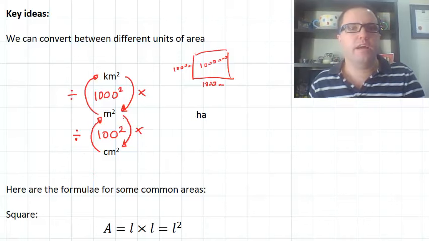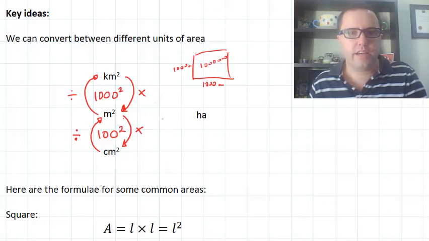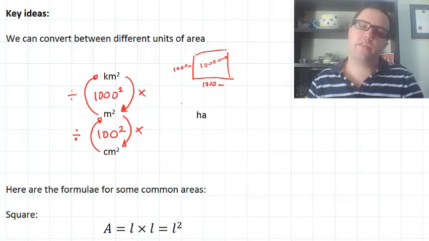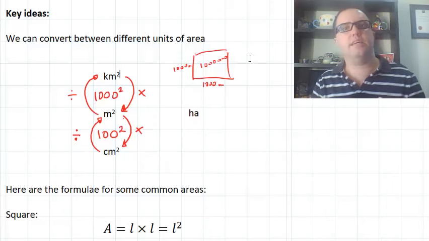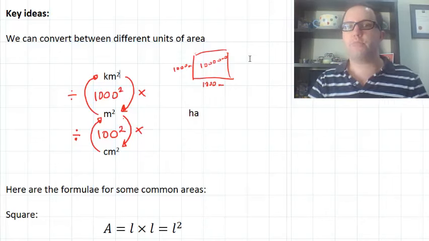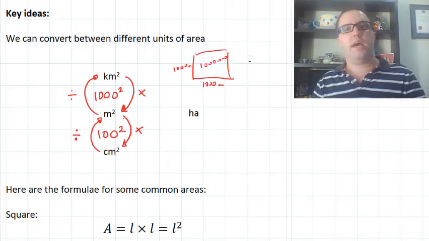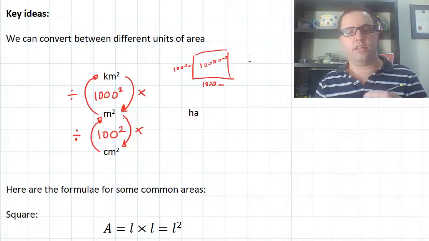Another unit you might come across is the hectare. It's another unit of measurement, usually used when we're measuring land, and you might have heard that a farm property has a certain number of hectares of land. Sometimes if there's a big bushfire, they talk about the amount that has been burnt as a certain number of hectares.